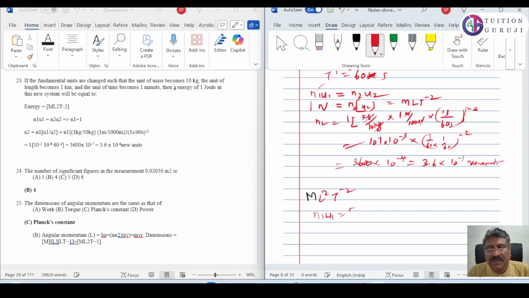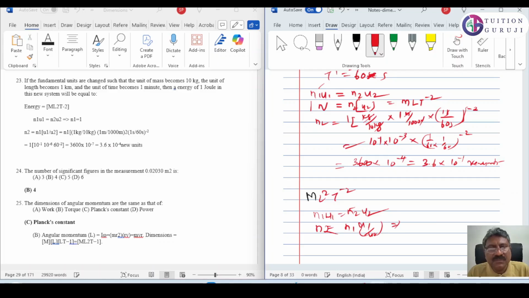So n1 u1 is equal to n2 u2, and that is 1 joule. So n2 will become n1 into u1 by u2.